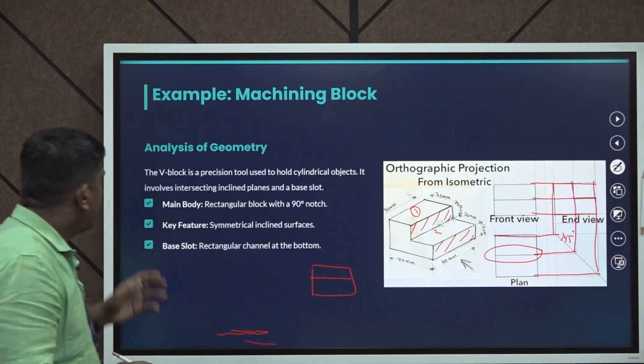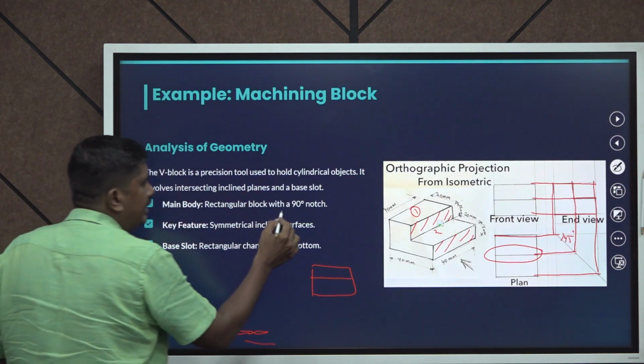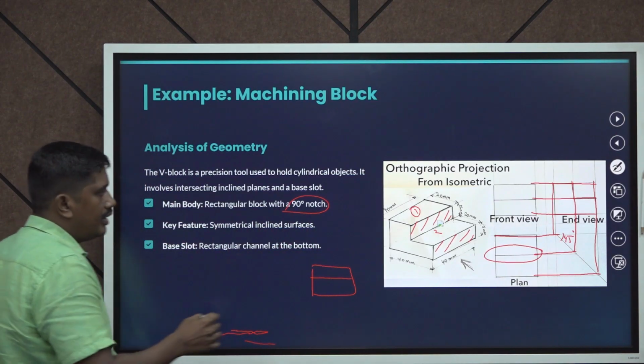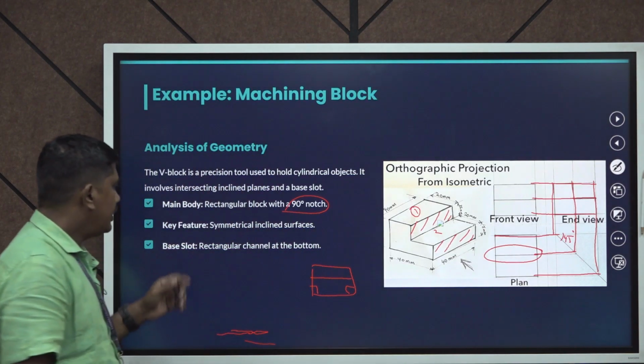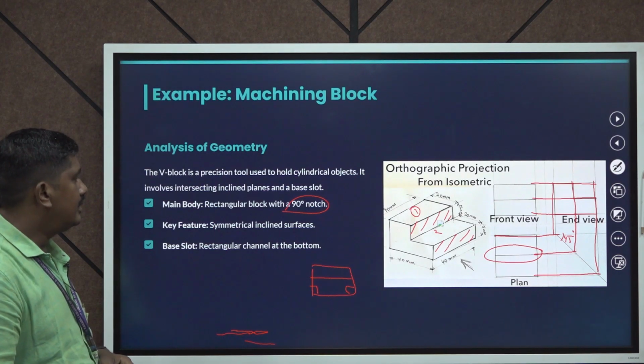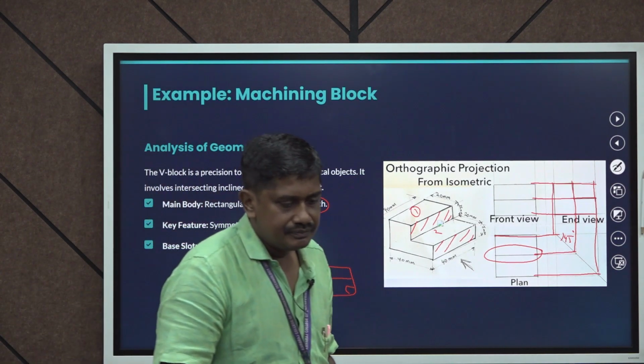And come to the analysis of geometry. The main block has 90-degree notches. This is a 90-degree notch. And the key features: symmetrical inclined faces and rectangular channels at the bottom.